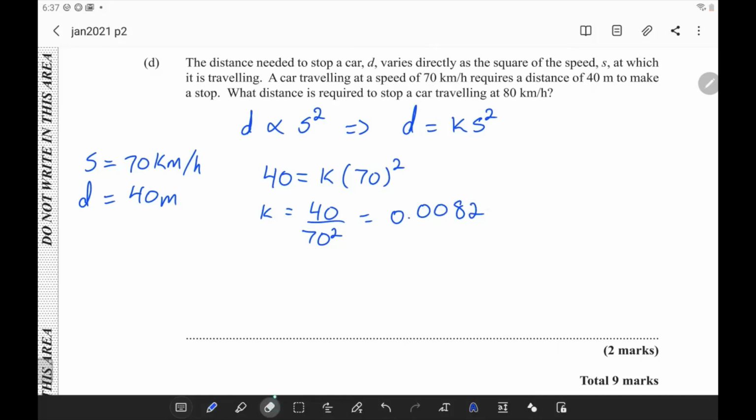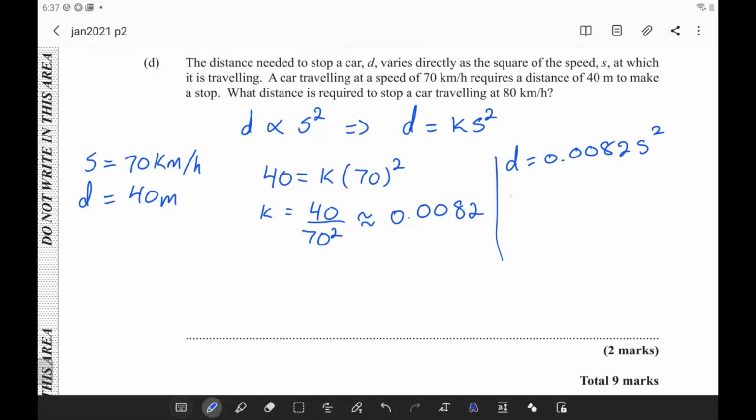Right, so I should probably write this as approximately. So we could say that, since we know the value for k, d is equal to 0.0082 s squared.